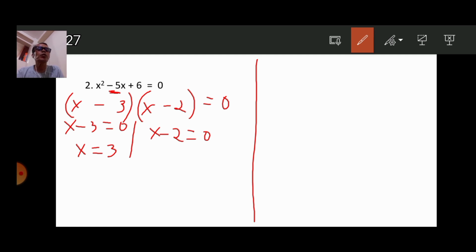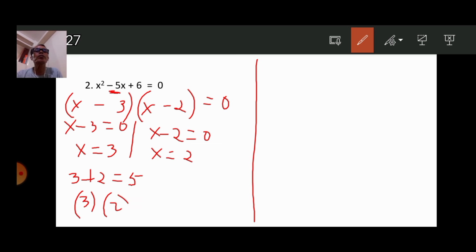Transposing negative 2 to the other side, you will have x equals 2. Now, if you add 3 plus 2 equals 5. If you multiply 3 times 2 equals 6.